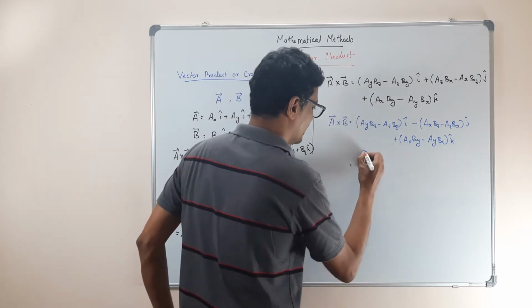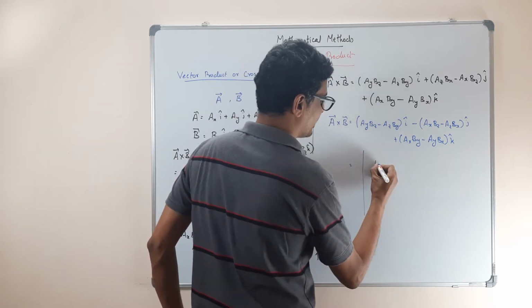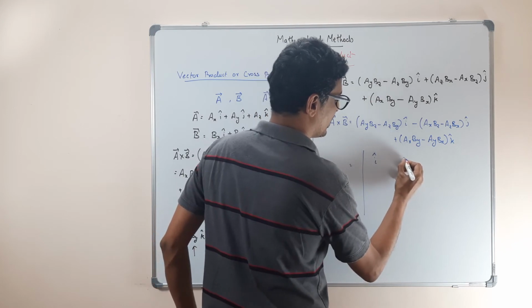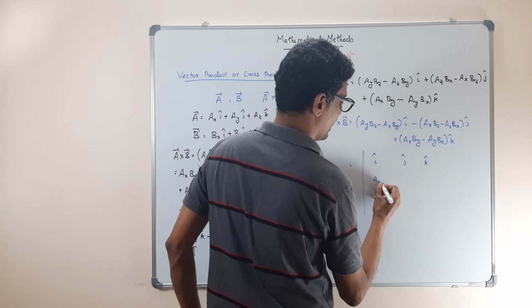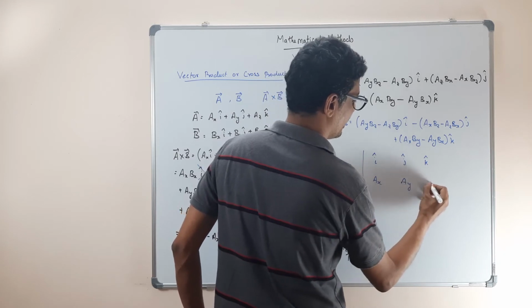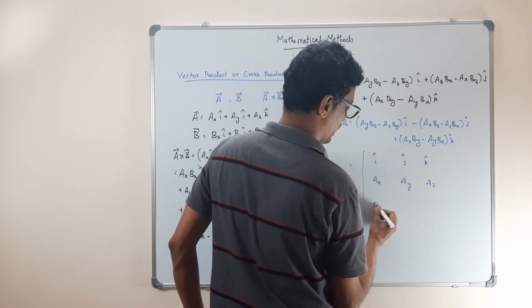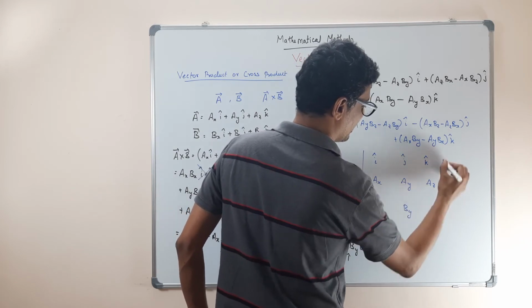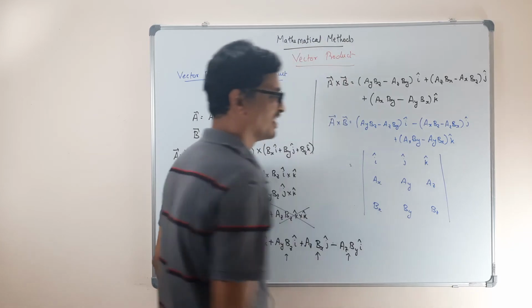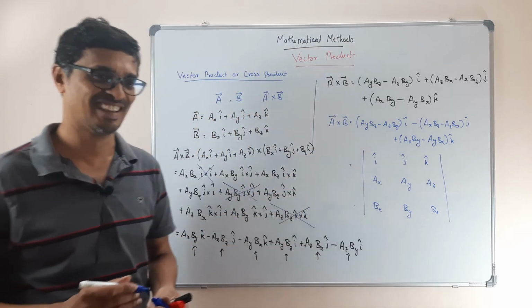You can write this as a determinant. Am I right? I write it as i cap, j cap, k cap, ax, ay, az, bx, by, bz. Isn't it the same? You got it?